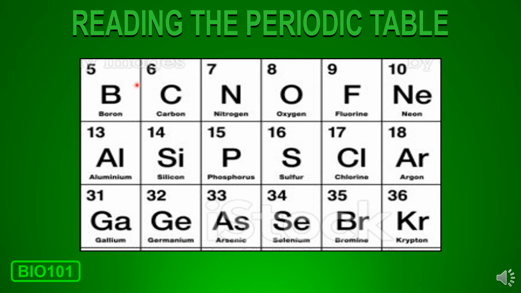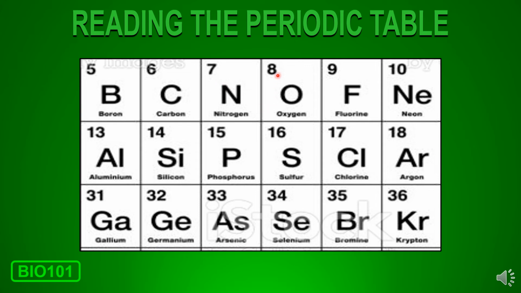So the atomic number is 6 in carbon, but we know, therefore, that there are 6 neutrons and 6 electrons as well. In the case of nitrogen, 7 protons, that means 7 neutrons, an atomic mass of 14, and that also means 7 electrons.